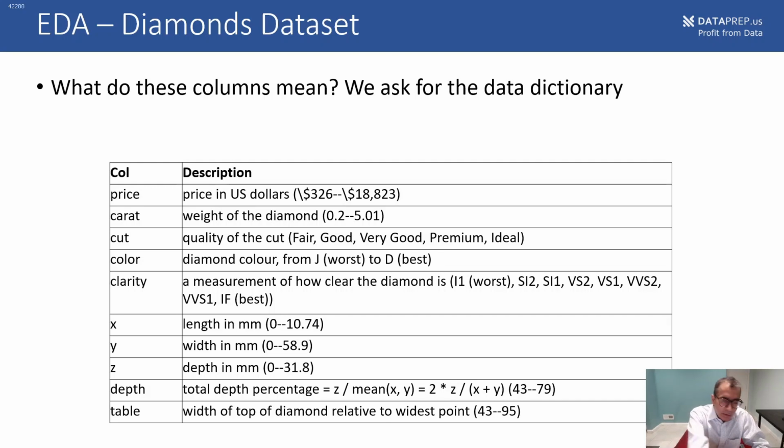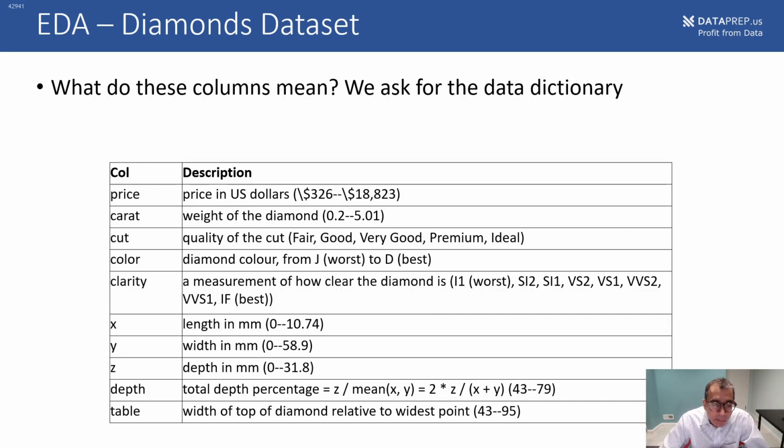So the next thing that comes to our mind is what do these different columns mean? And normally to answer that question, we have to ask for the data dictionary. Sometimes we might think that just by reading the name of the column, we know everything that we need to know, but that often may not be true.